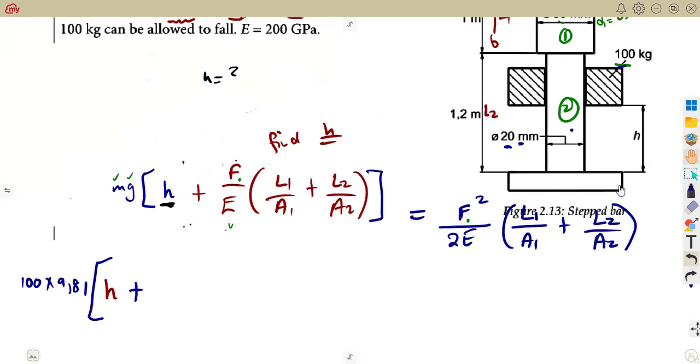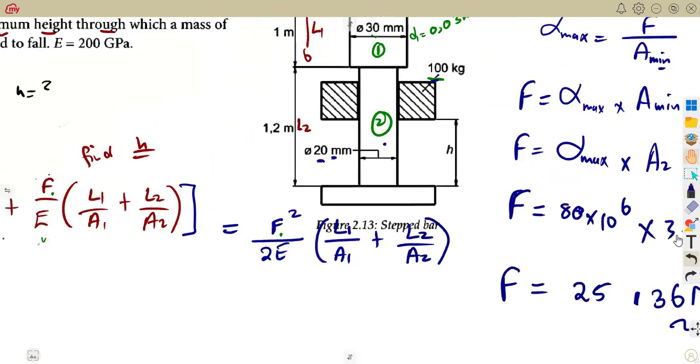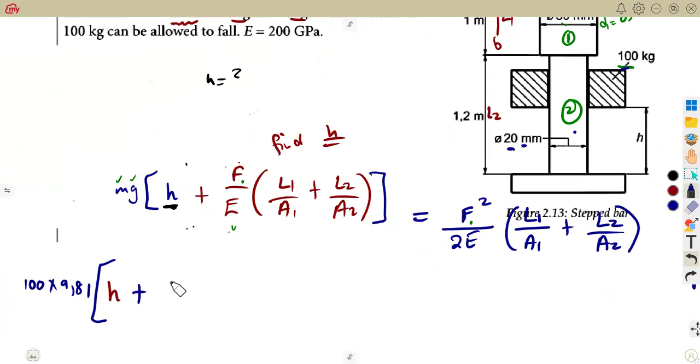So you see now the force that we calculated, now the use now of it. 25,136, you substitute your force. So that's 25,136 over E. Remember our E is given as 200 gigapascal times 10 to the exponent of 9, into what?